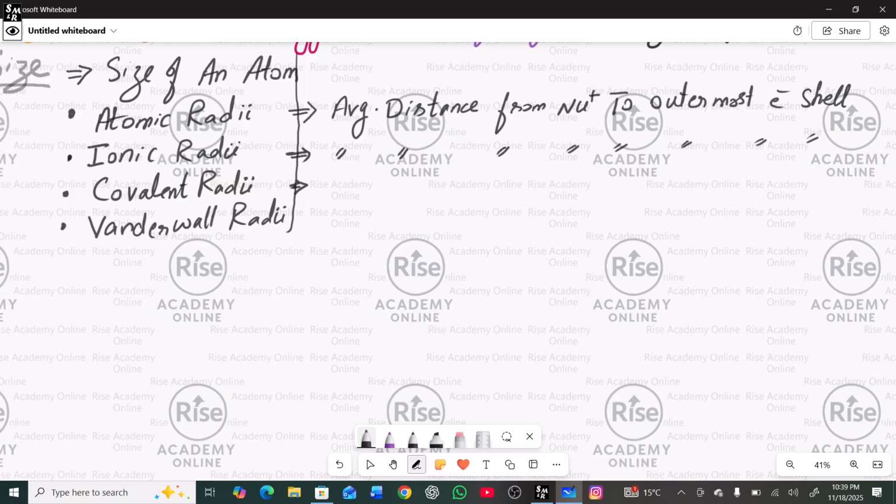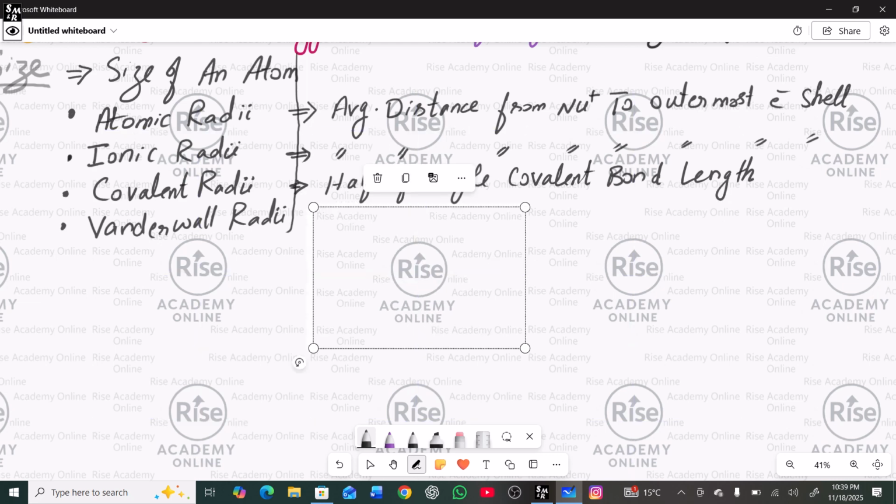While defining covalent radii, we can define it as half of the single covalent bond length.